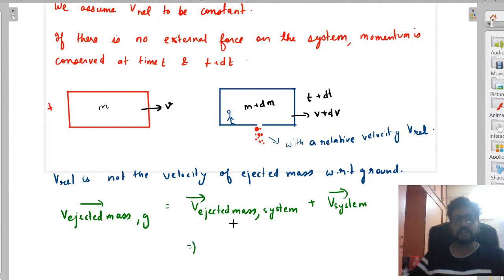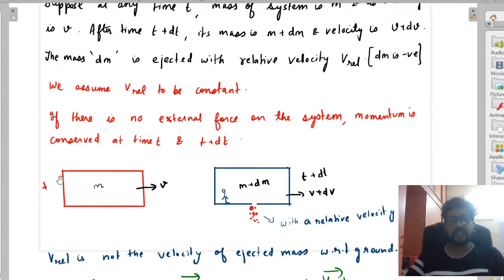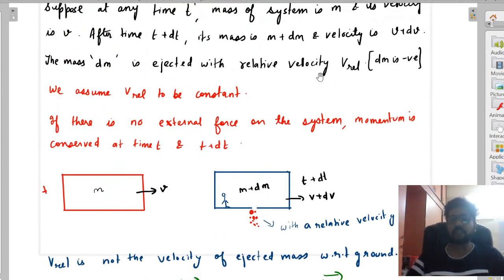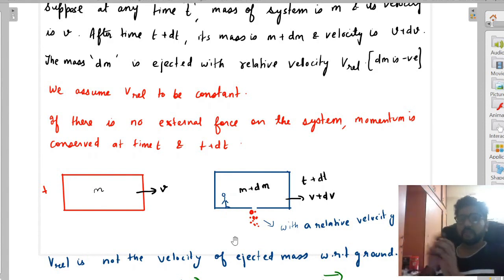So that means this is equal to v rel plus v system. So this v relative is not the velocity of the ejected mass with respect to ground. It is the velocity of ejected mass with respect to this observer which is sitting inside the system.